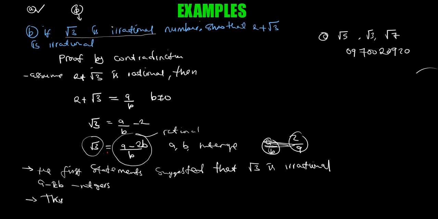Once they are integers a and b, they will produce a rational number in the form in which they have been placed. So this is a contradiction.